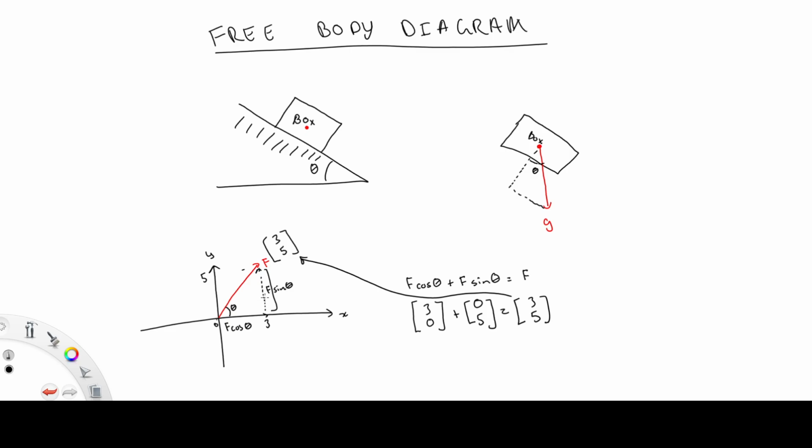If you don't understand F cos theta and F sin theta, don't worry about it too much. Essentially what I'm doing is just splitting it into its horizontal component and the vertical component. So rather than having the graph exactly like this, I can have the graph in this shape, right?